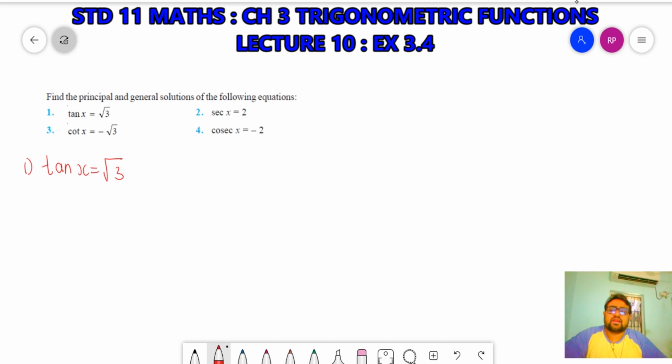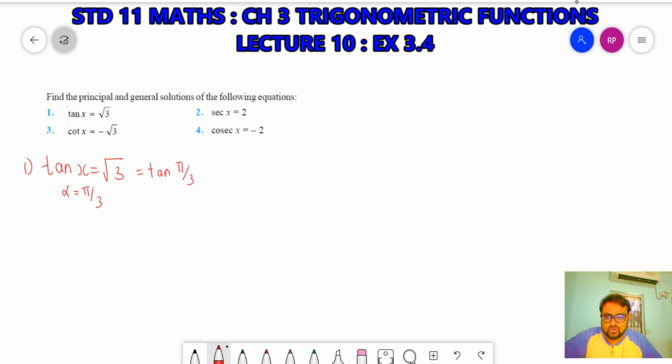So we know that the value of tan pi by 3 is equal to root 3. So here alpha, I will find out, is equal to pi by 3. Now, this value is positive. Tan is positive in the first and third quadrant.